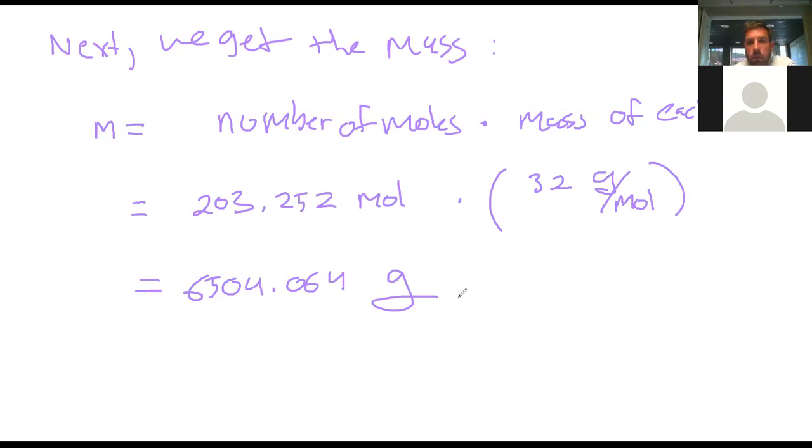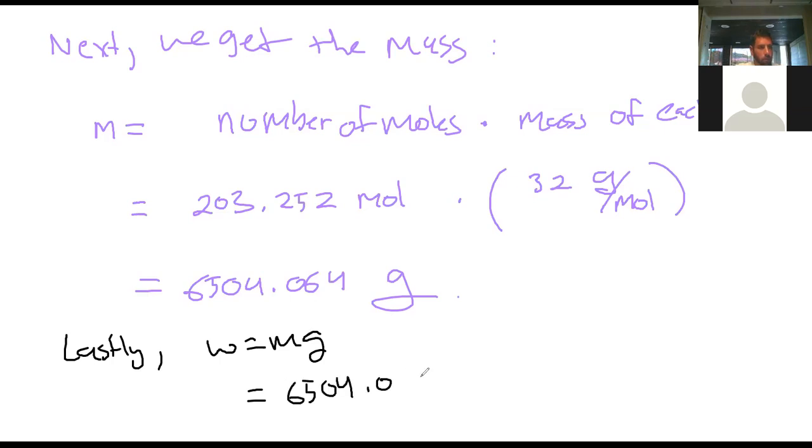So let's do that. By the way, does anybody have a question or a comment? Maybe you found an error. So here we have 6504.064, and that's in grams.